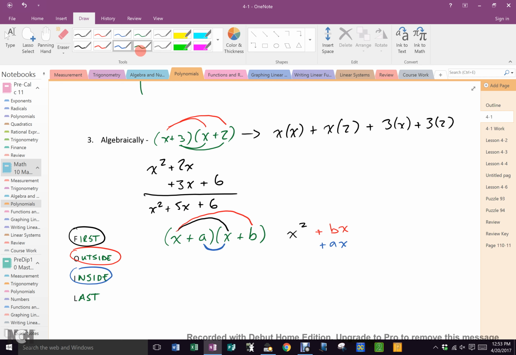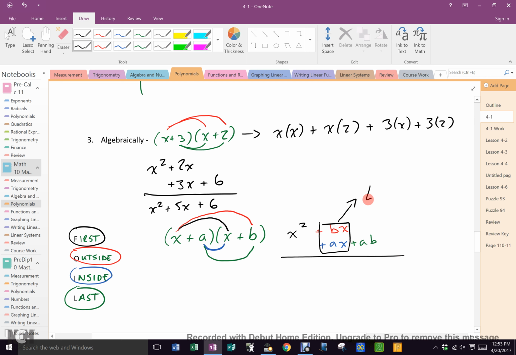Black, red, blue, green. Last, which is AB. And you will notice that I stacked the x's together because they are what we call like terms. Is everybody cool?